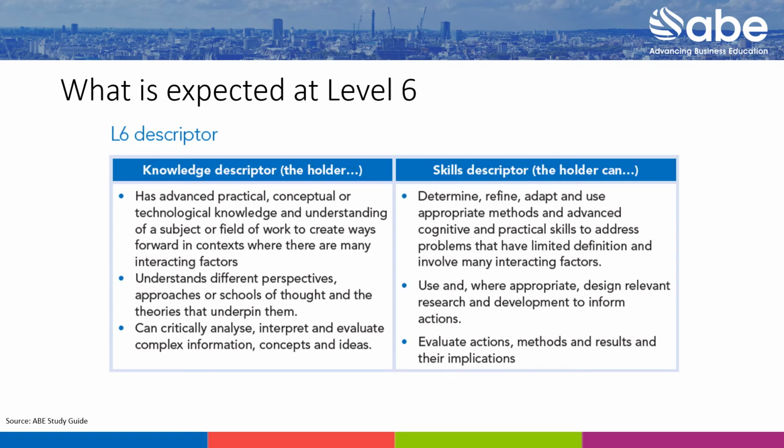So what's expected at level 6? If you refer back into the ABE study guide, you will find this table, which is the level 6 descriptor. The emphasis here is on understanding different perspectives. It's not just on understanding Hofstede, but how Hofstede is different from other frameworks.